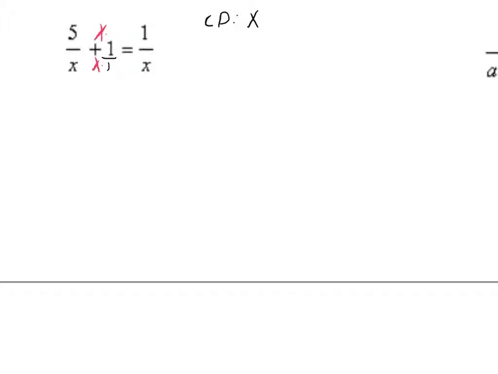Now at this point I will ignore the whole denominator and leave me with 5 plus x equals 1. And that's what I will solve. Again, this is merely an alternative to solving these rational equations than what was first offered.